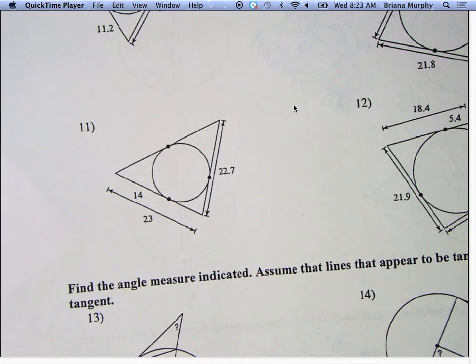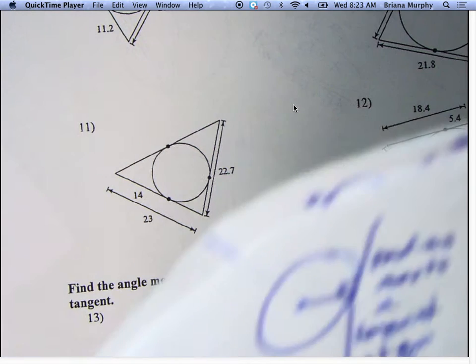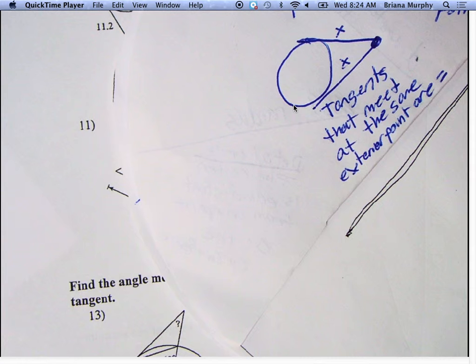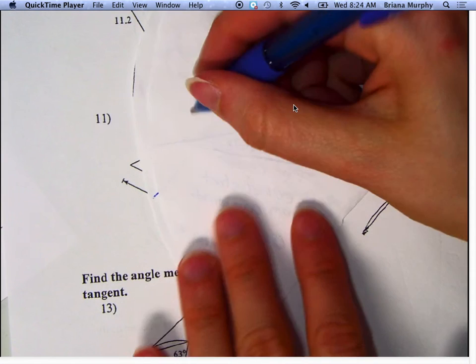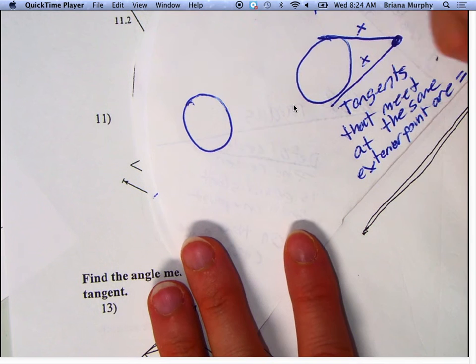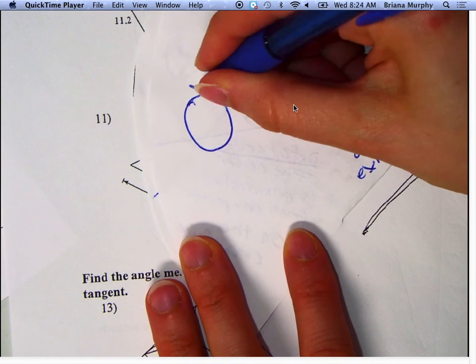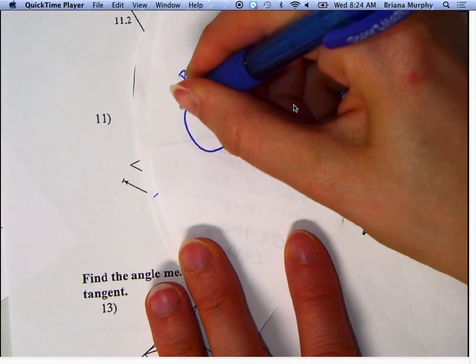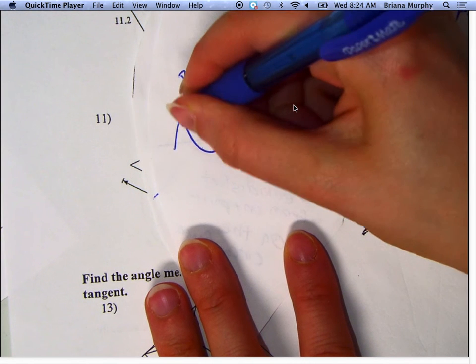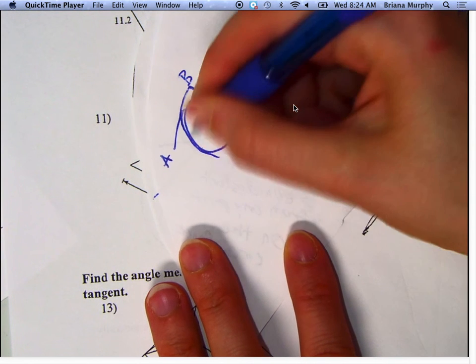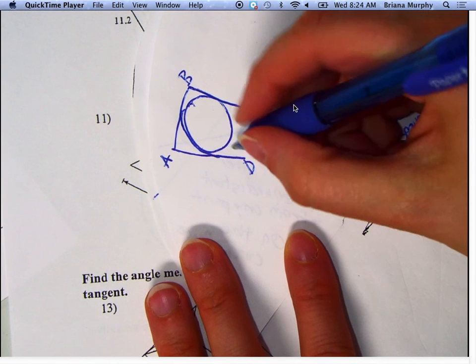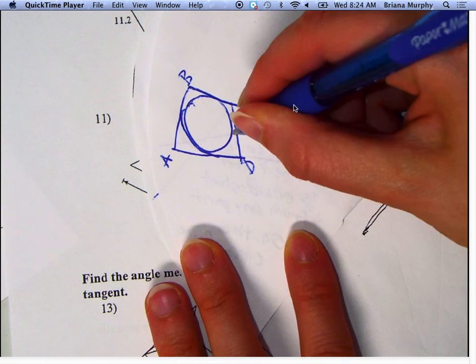Oh, I do have to add a couple more things to your notes. Okay, so pick back up your tangent page. Here is my circle. If I have BC is tangent, AB is tangent, I have AD as tangent, and I have DC as tangent.